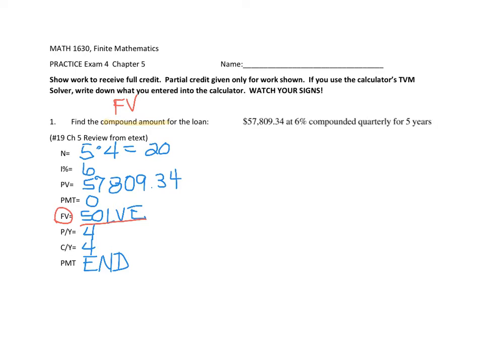The compound amount is all of the payment made, which is the present value, plus all of the interest that payment actually earned. To solve this problem, we will use the TVM solver on the calculator.